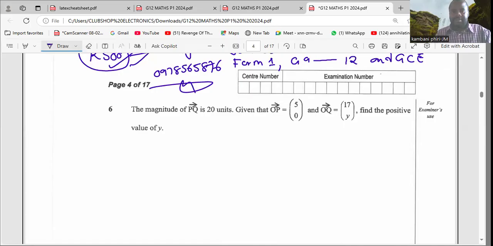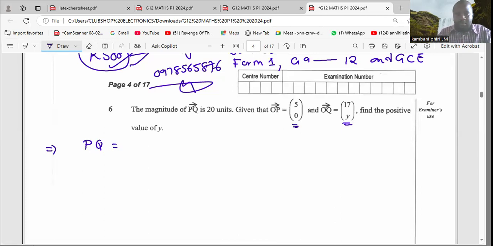The magnitude of vector PQ is 20 units. Given that OP is this vector, OQ is that, find the positive value of y. There are a lot of ways of doing it, but maybe to make it easy, first let's know what PQ is.